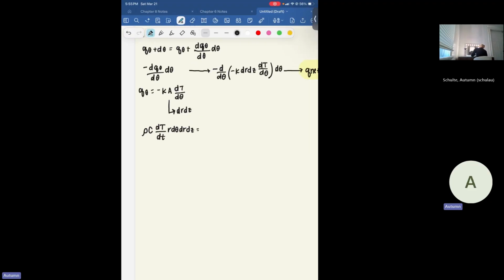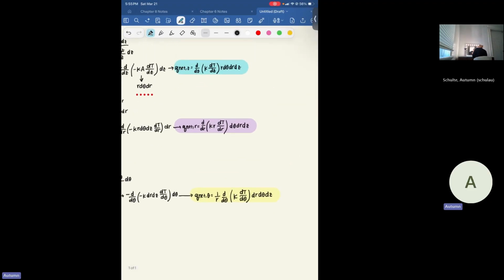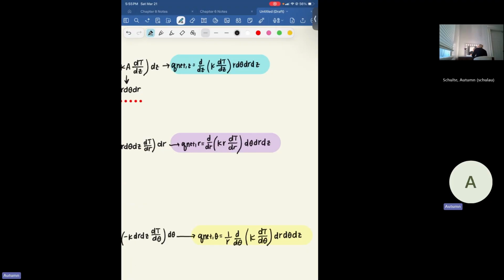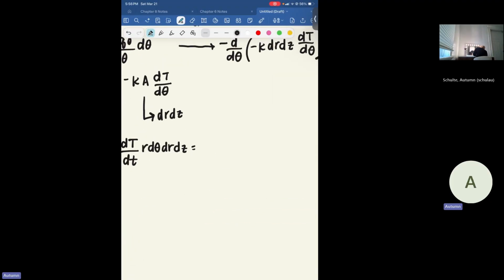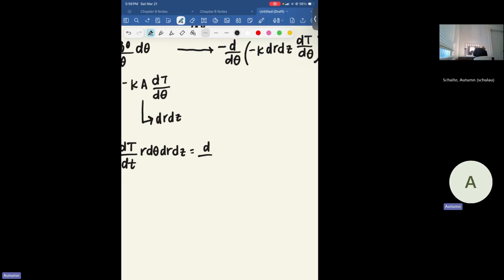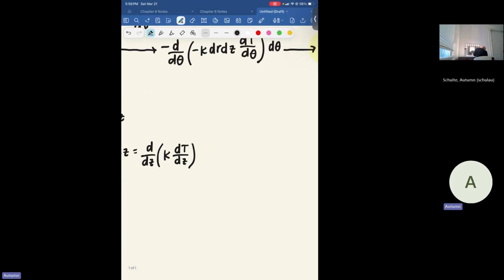And this is equal to all of our net heat flows that we found. So starting off with the z direction, we had the differential in the z direction multiplied by k times the change in temperature with respect to our z position multiplied by r dθ dr dz.